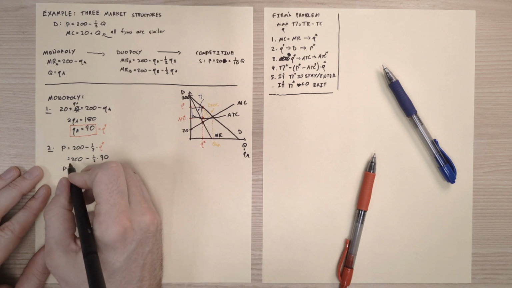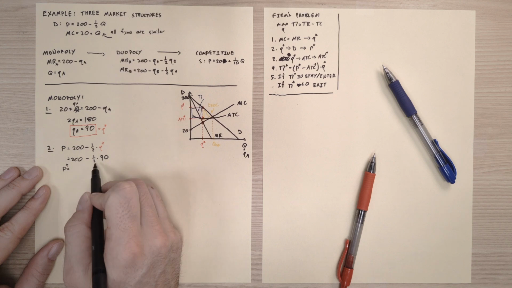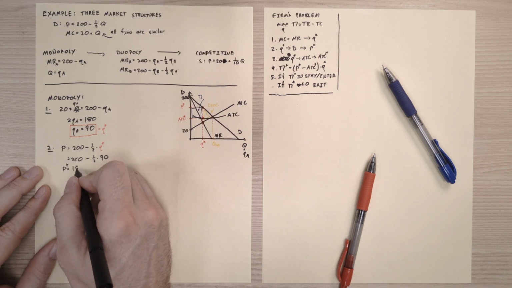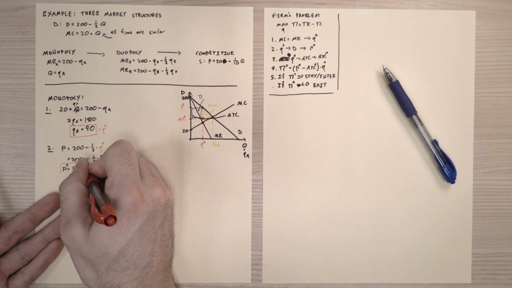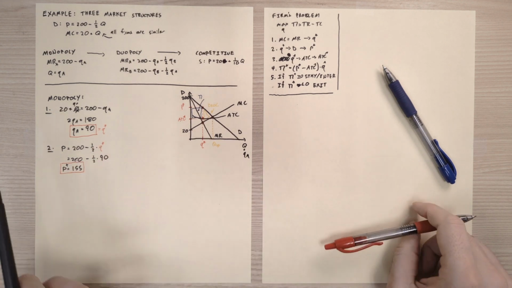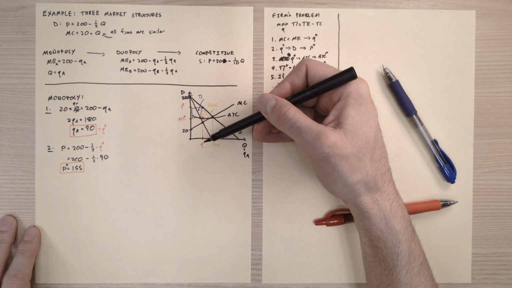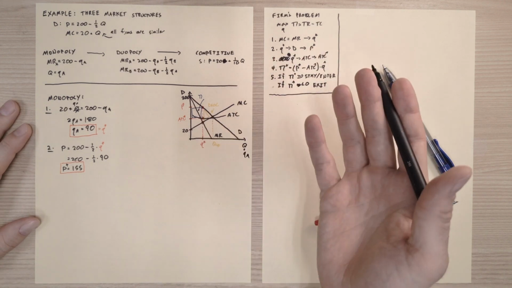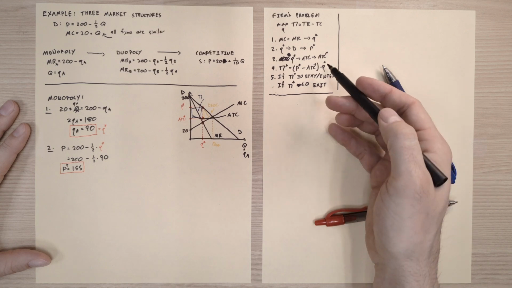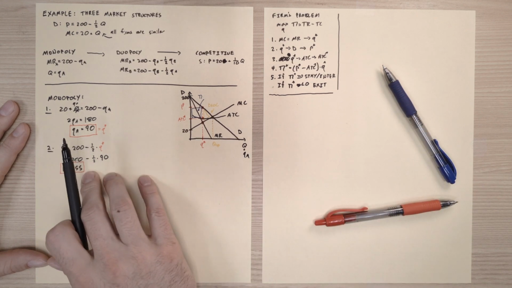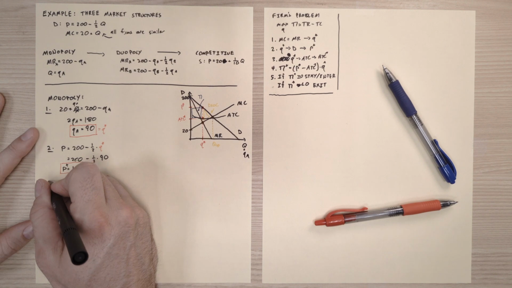So our P star is 200 minus 45, which is 155. Okay, so nice. We have price, we have quantity, and if we wanted to, we could go ahead and solve for ATC and the rest of this. But we've done the main mathematical work here. So the rest is just to graph it.